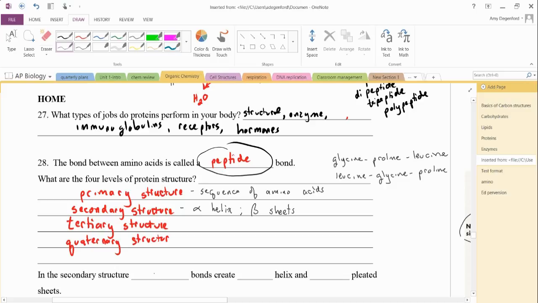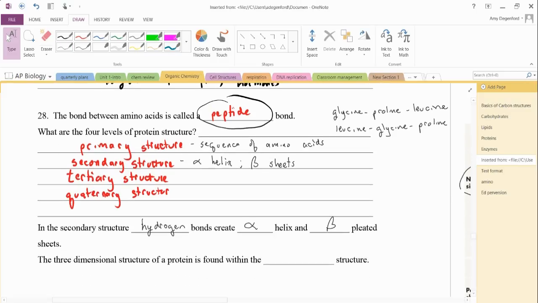So here's our alpha, and then our, whoops, I'm sorry, I did this before too. We have our alpha, and these are formed by hydrogen bonds. So we have our alpha helix and beta, and those are Greek letters, alpha helix and beta. And I'll show you a picture of this in just a second.